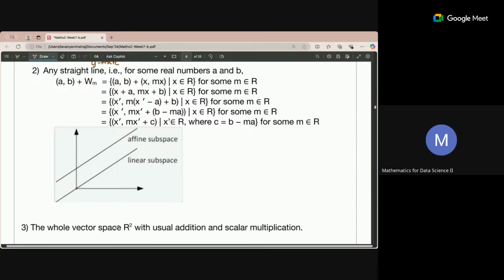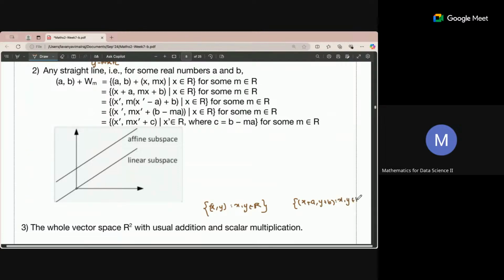And what about the translation of the entire R2? You have the set of all x comma y in R2. Now, what will be the translation of this set? You take any translation, maybe x plus a, comma y plus b.